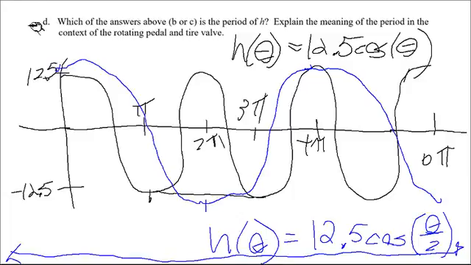Key here is that the period for this function is 4 pi, because 4 pi corresponds to the amount of time it takes to return to our starting value, which in the case of this function is here at 12.5.